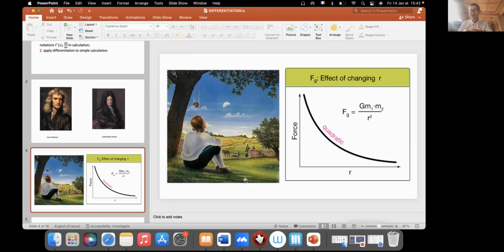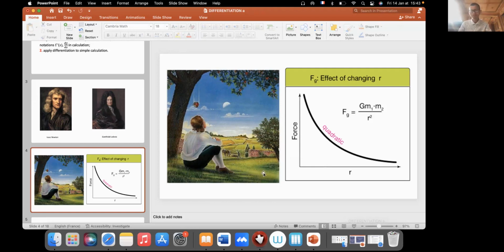And here is what he was thinking. The apple can fall to the ground. There is also the moon above our heads, right? Why does the moon never drop to the ground like the apple? Why does the moon always stay there in the sky?